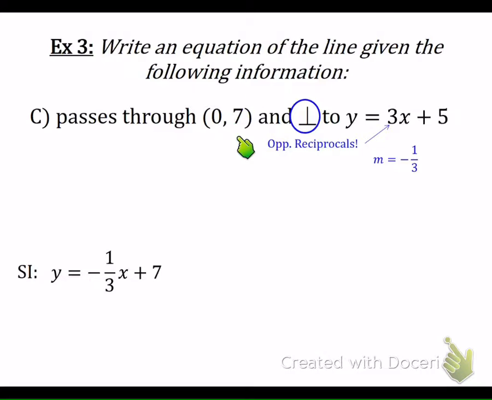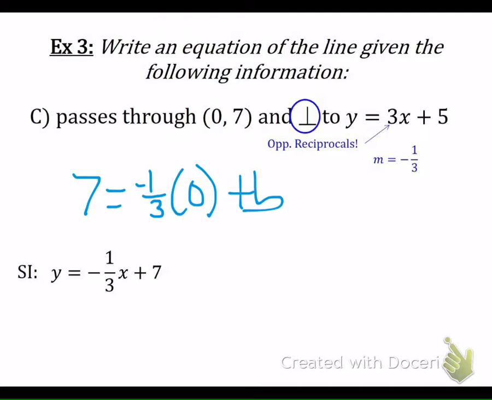It's just not said the y-intercept is 7 or b equals 7, but they give us an ordered pair that is the y-intercept. Now, if you didn't recognize that, you would just do 7 equals negative 1/3 times 0 plus b, and you'd get a b of 7 anyway. This is just not necessary in this one. Do you all see why? But if you did it, that's fine.